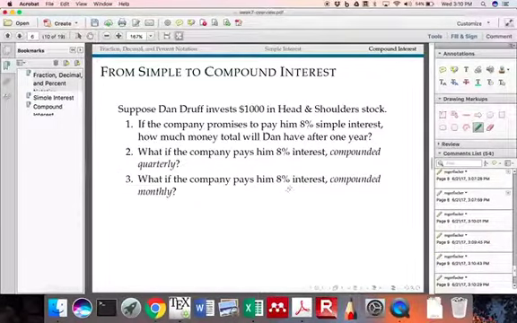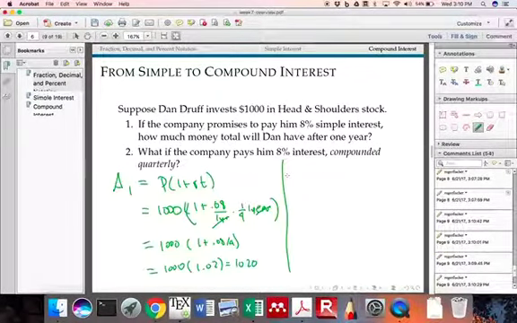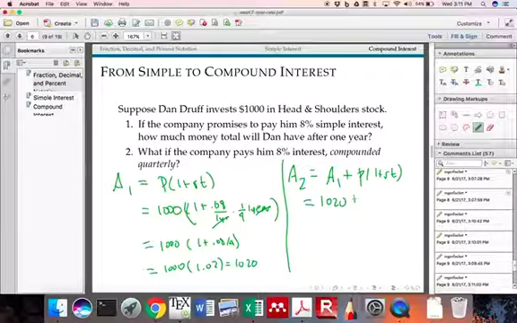So the amount in quarter 2 is the amount in quarter 1 times (1 plus 0.08 divided by 4). This is A1 times (1 plus 0.08 divided by 4).